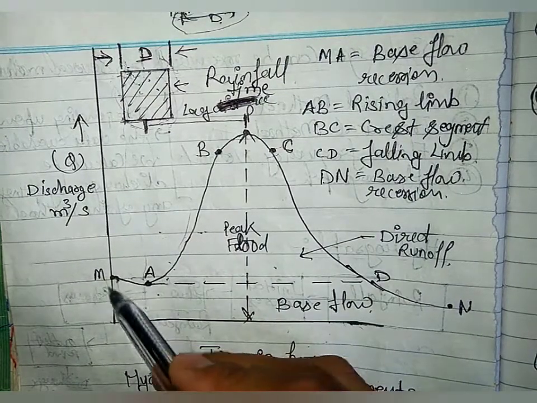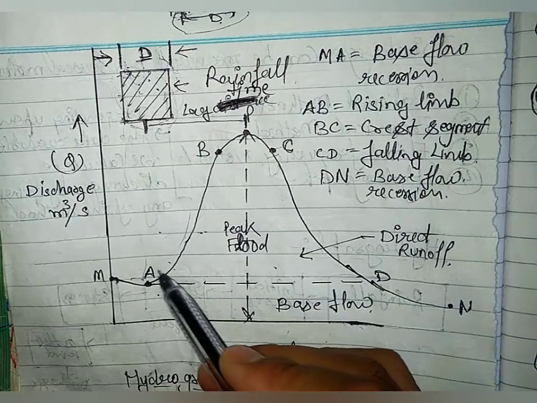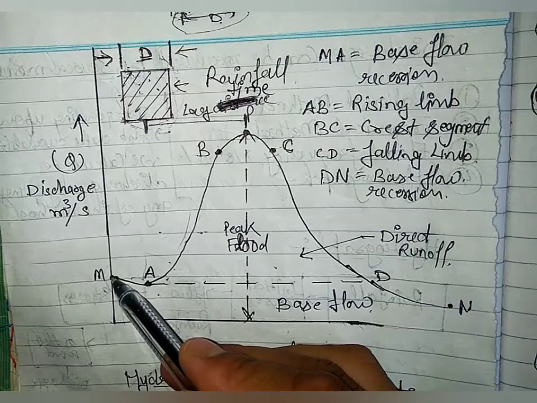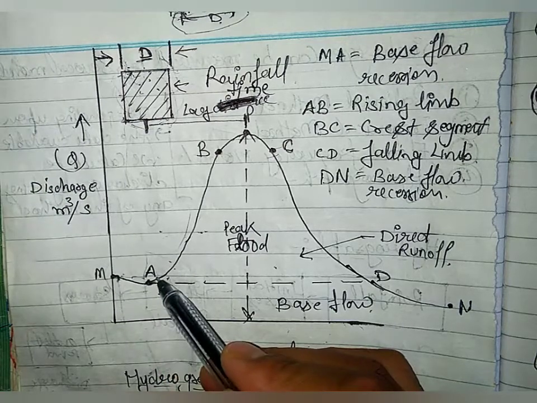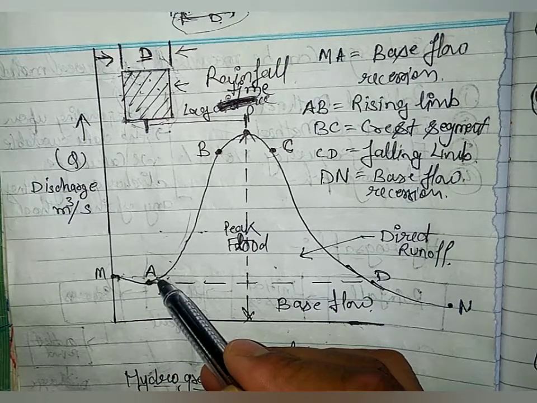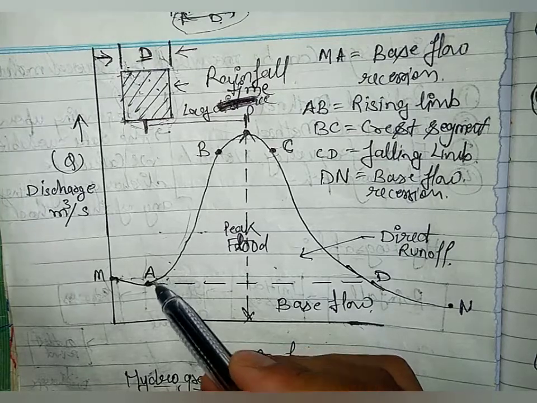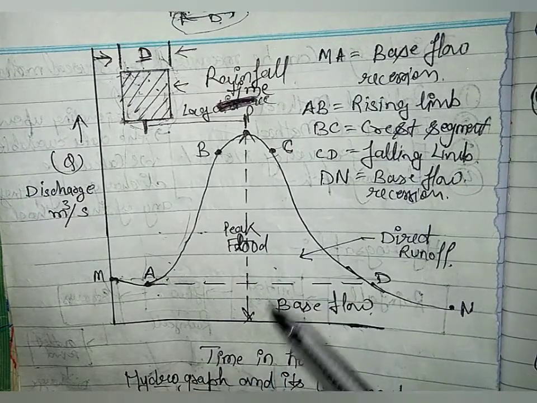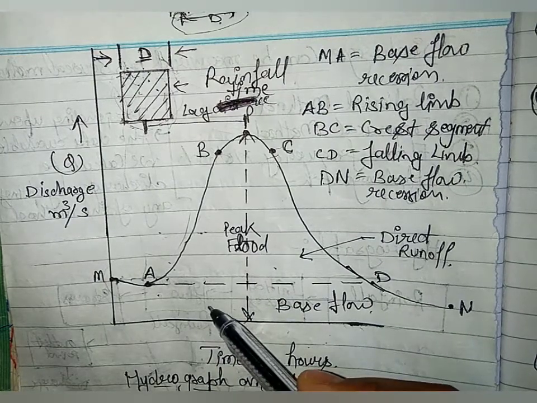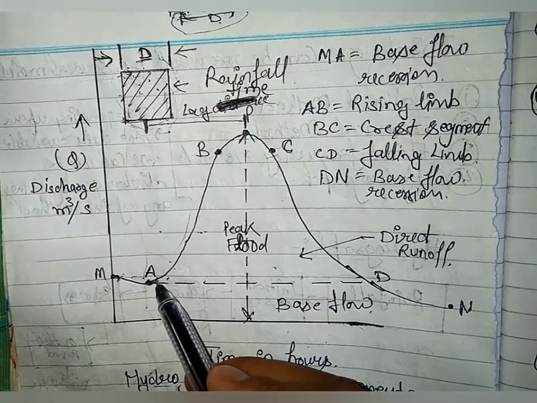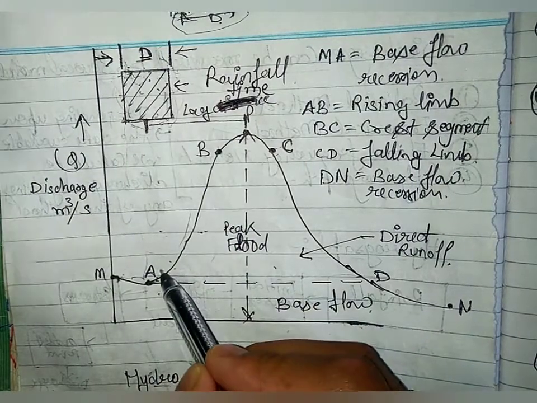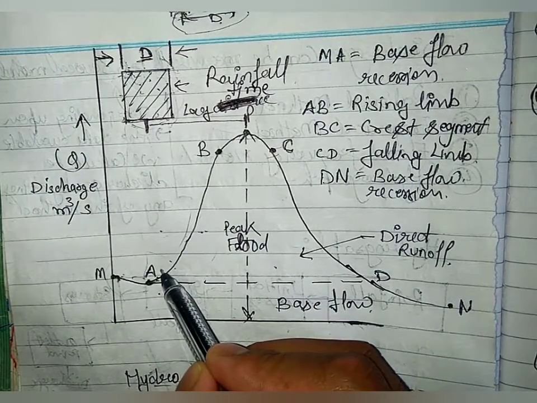You can see here at the initial stage the discharge in the stream is represented by MA. This discharge is due to the underground water flow into the stream. So there is no contribution of rainfall till now, even though the rainfall has started.